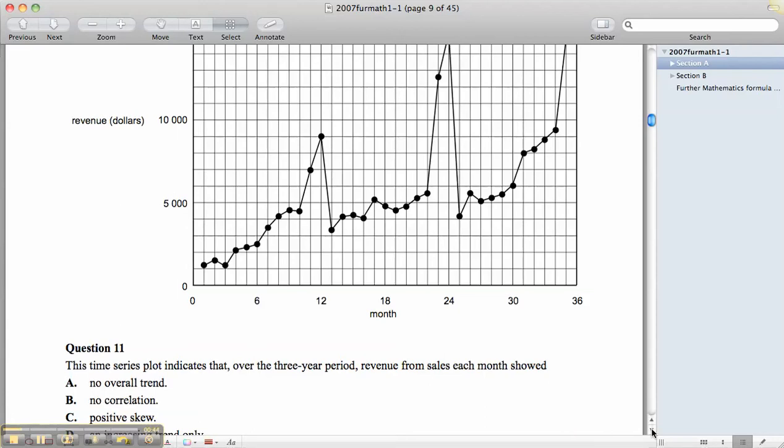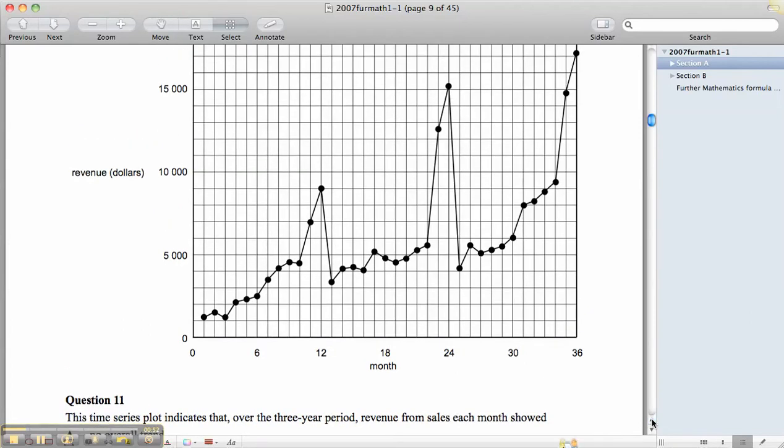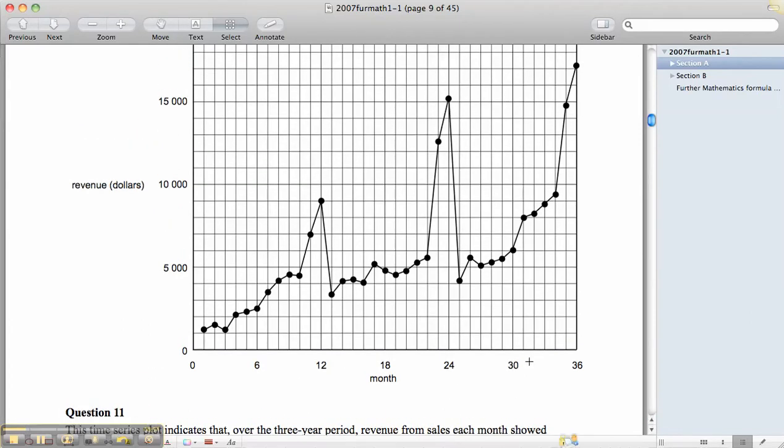The other thing you look for is variation. So you can have random, seasonal, or cyclical. The difference between seasonal and cyclical is you really need to have a look at your x-axis. Here our x-axis is over 3 years, and over 3 years you should see the same thing happening at the same point. You can clearly see that we've got a spike at 12 months and then your year starts again.